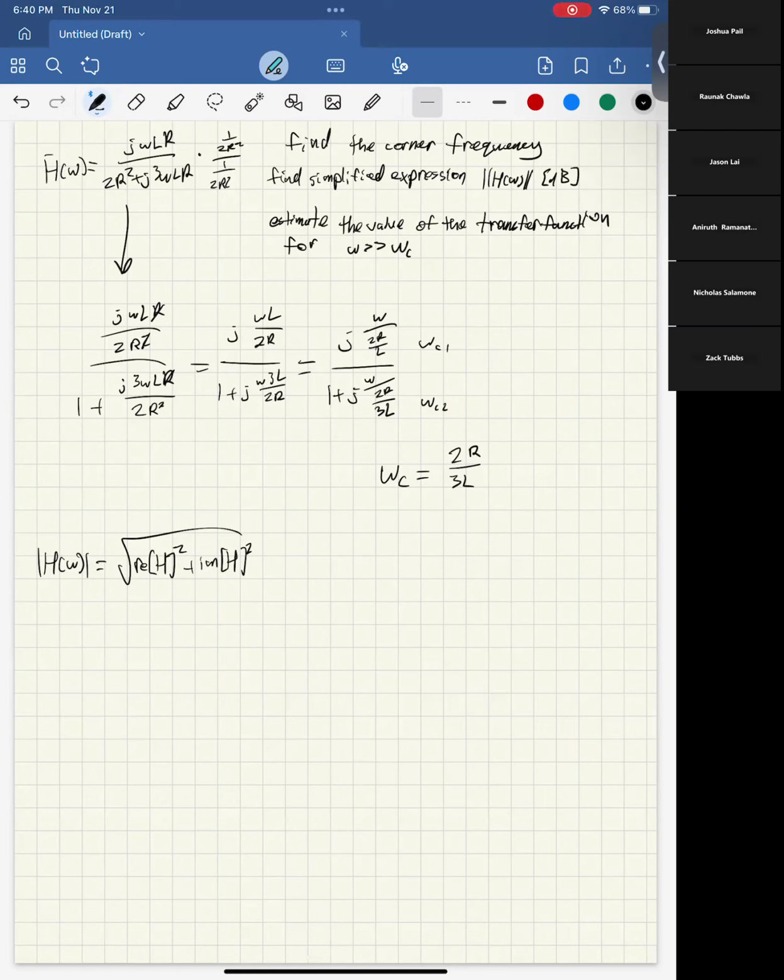Let me remind myself how this works. Oh yeah, okay. Basically, if we have H of omega, we can rewrite this as j times omega over 3 omega corner frequency 1 plus j omega over corner frequency.